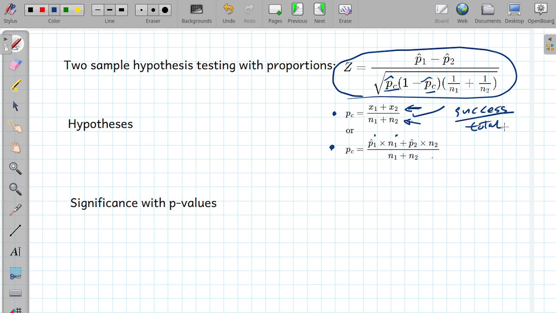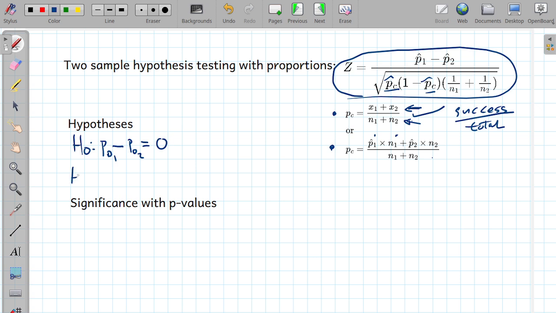Okay, what are the hypotheses for this? Well, the null hypothesis is going to be P1 minus P2, or P sub 0, I'm going to use the subscript null, P, for the population value. And this will be 0, because remember, if two things are essentially the same and you subtract them, you should get 0.